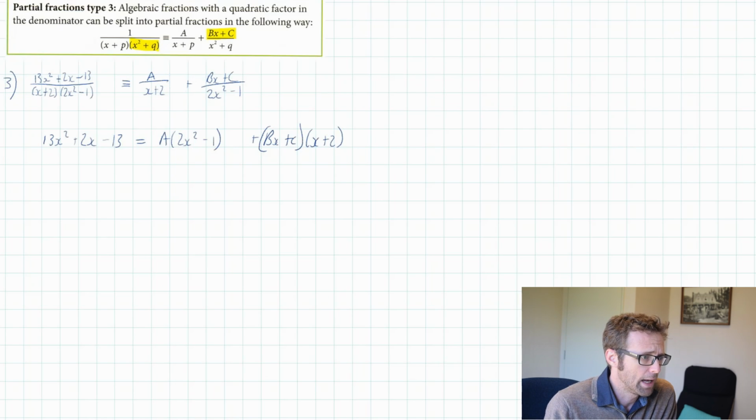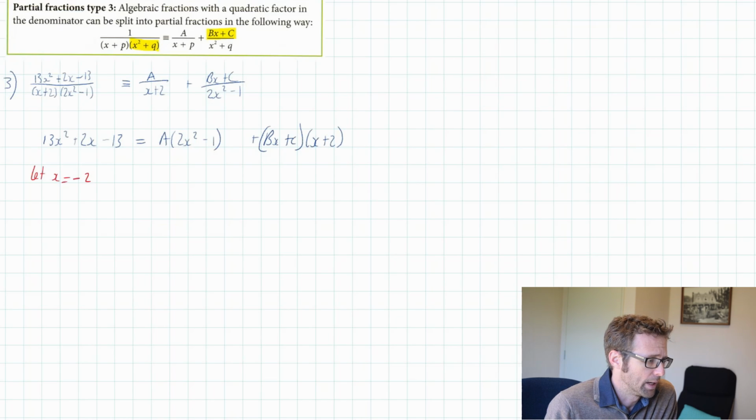Okay, so now given that we've done that, we now need to figure out what one of these letters is going to be. Now I'm thinking at this point I am going to let x equal minus 2.